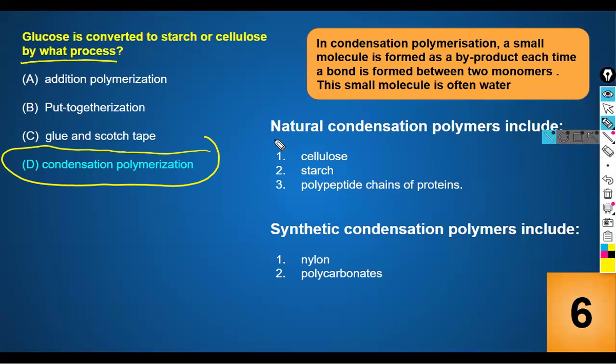Everything is on top here. There's natural condensation, which happens in nature, and there's synthetic, man-made types of condensation. And over here we have a kind of definition of what condensation polymerization is.